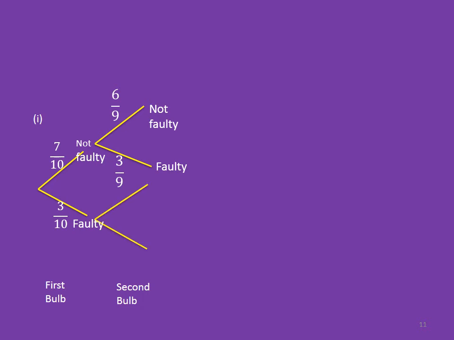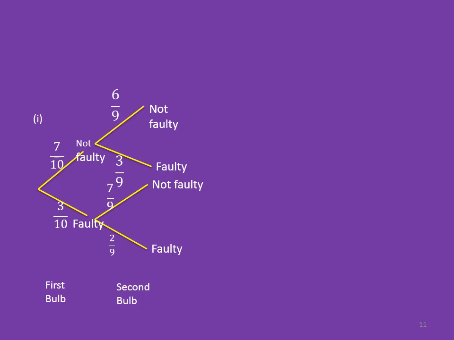Again, this should be divided into two parts as not faulty and faulty. If he takes a bulb being faulty the first time, you can get 2 bulbs out of 9 bulbs as faulty and 7 bulbs out of 9 bulbs as not faulty.